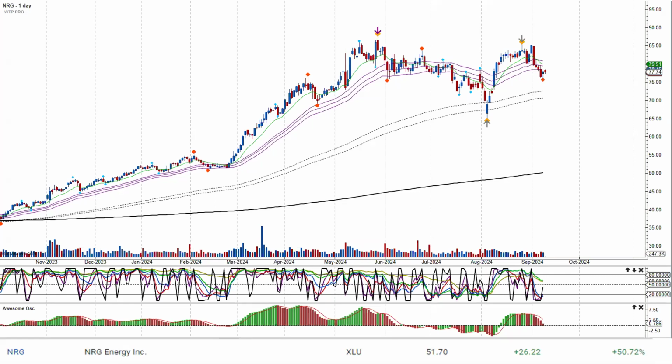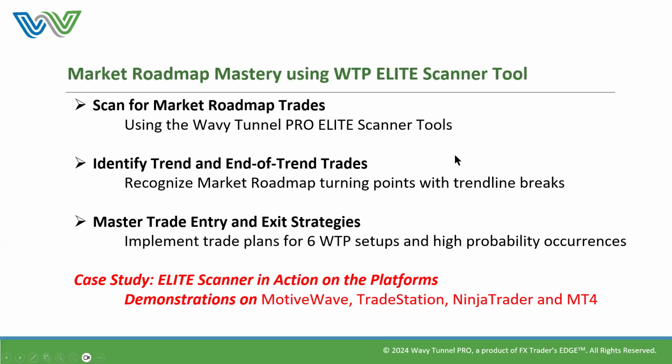So if he said, okay, we're approaching the end of a move here, wave 3, wave 5, be careful, I would listen up. And then of course I learned all about it myself, and I decided I'd rather be trading than analyzing, than counting waves. And so that's how I framed my career, and this Wavy Tunnel Pro strategy is just great for that.